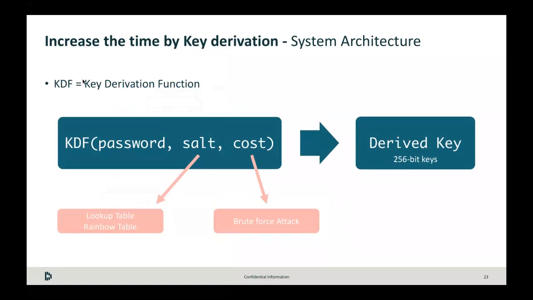As we can see in this function, the key derivation function takes the salt into account. So it provides a good defense against lookup tables and rainbow tables. And the cost can be memory cost, thread cost, time cost, etc., which can make the hash very slow.